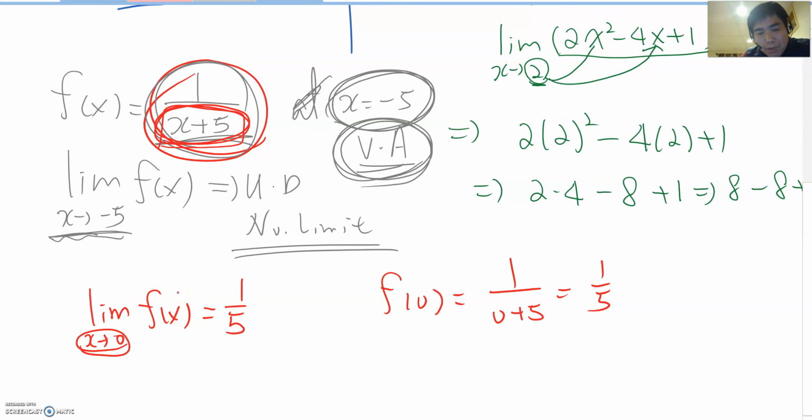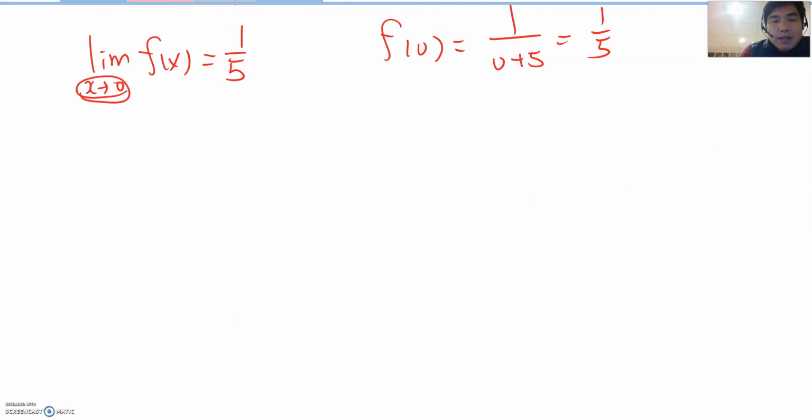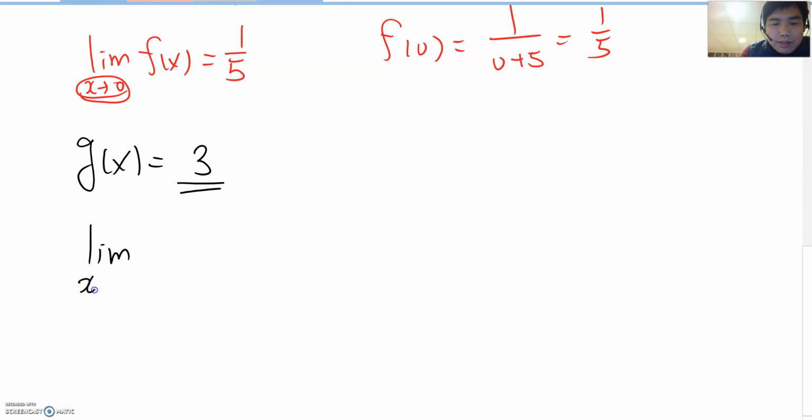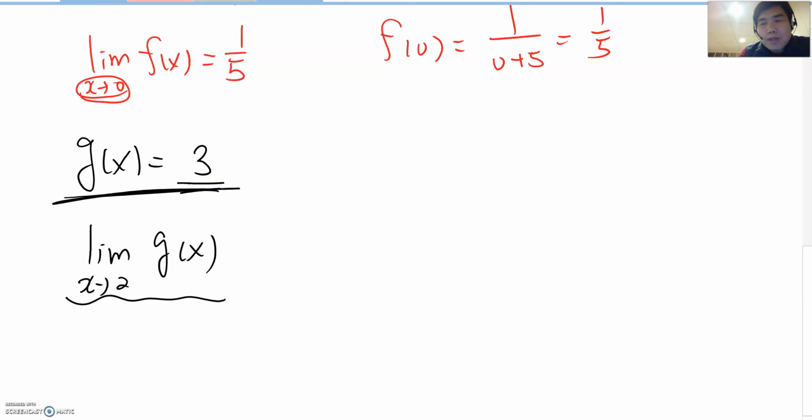Then let's think about one interesting question. I'm going to give you g(x) equals 3. Now we're going to find the limit as x moves to 2 of g(x). If you don't understand the graph of g(x), this question can be very difficult. But this represents a horizontal line, at 3 here.